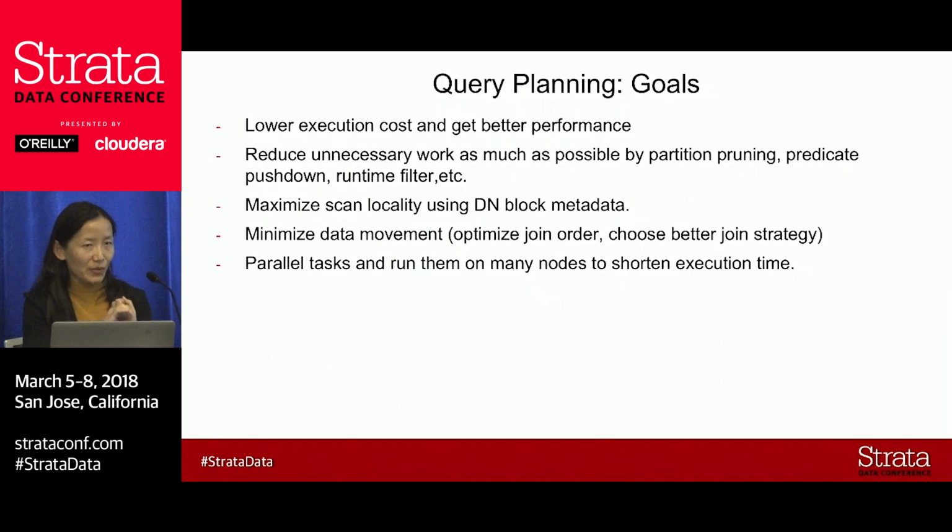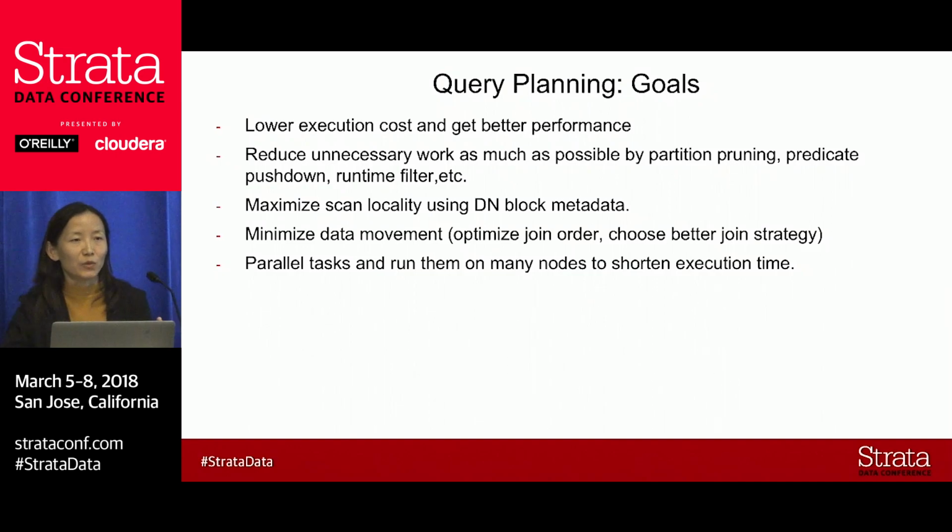This way you use less memory, you don't need to hold the large table in memory, and you can do it in a kind of pipeline streaming model. That helps you save resources and run faster. That's why we spend a lot of effort to optimize the join order, and also to choose a better join strategy.